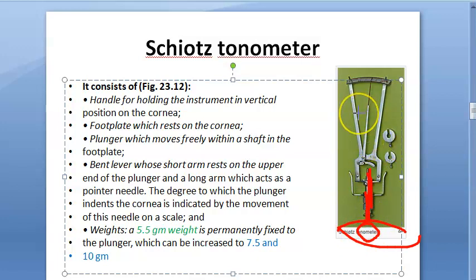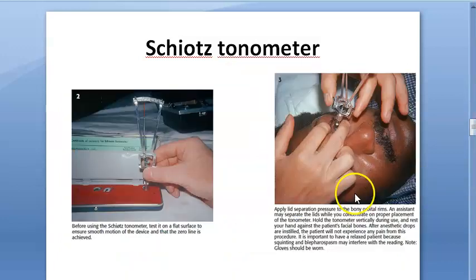Bent lever whose short arm rests on the upper end of the plunger, and a long arm which acts as a pointer needle, okay? The degree to which the plunger indents the cornea is indicated by the movement. So how much this plunger goes in, that much is indicated by this pointer. The pointer will show how much the plunger has plunged. So that's what will tell you the depth.